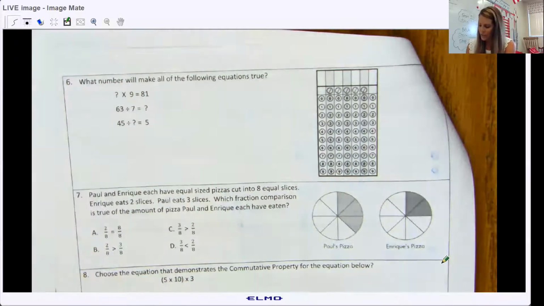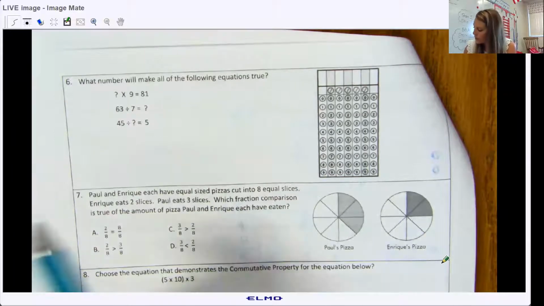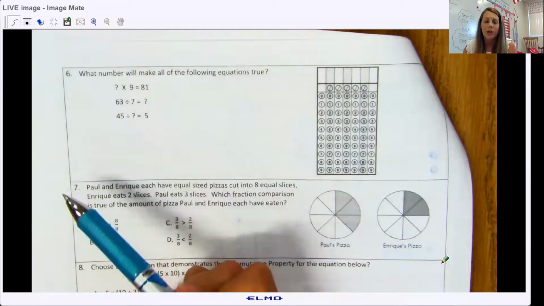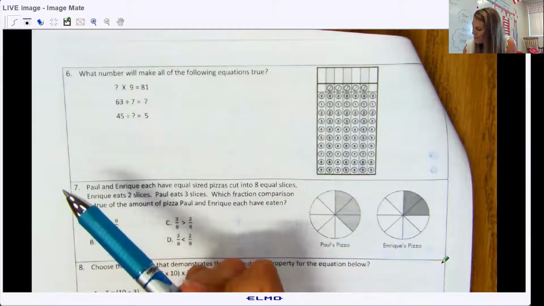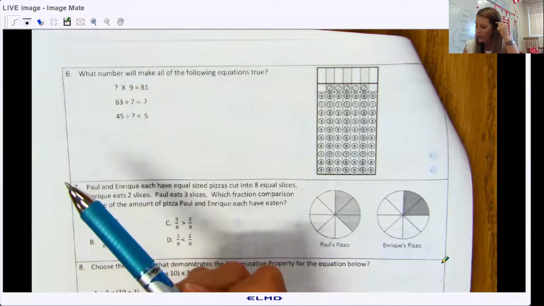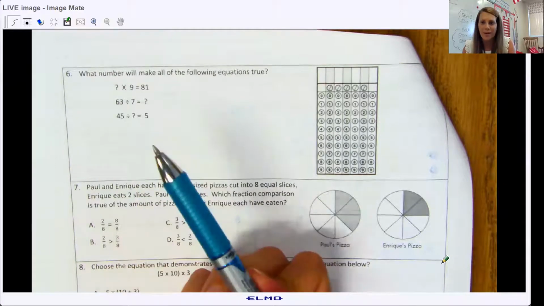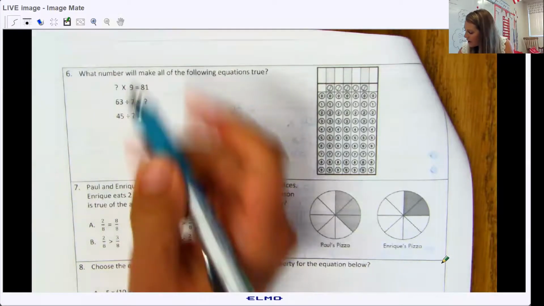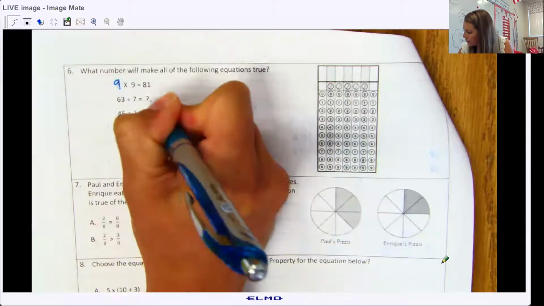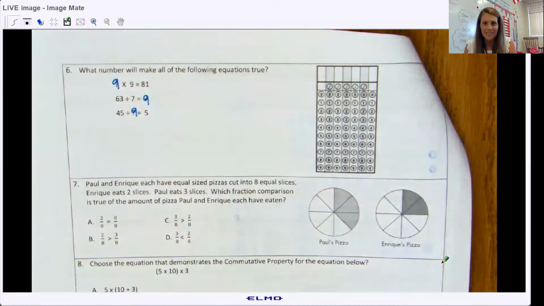All right, so if you are watching me, that means you have already solved number 6, and we are finding the mystery number. So hopefully one of these equations you were able to answer quickly. And I know 9 times 9 equals 81. So if I plug in 9 for all of them, that makes sense.